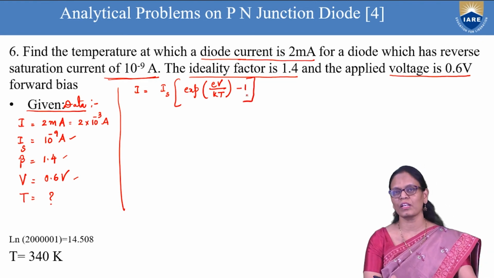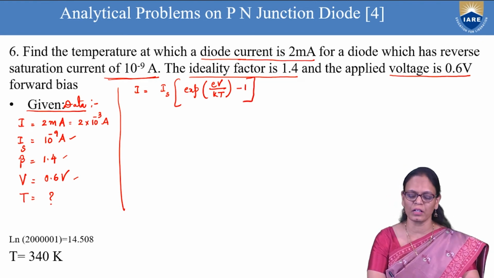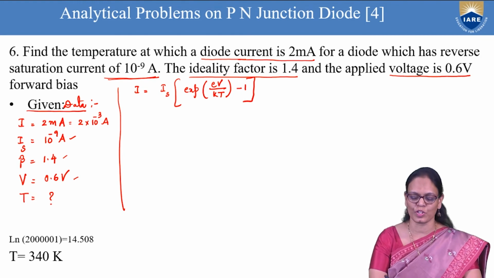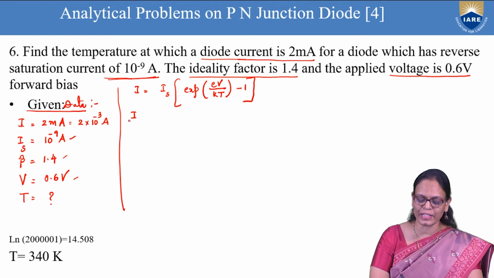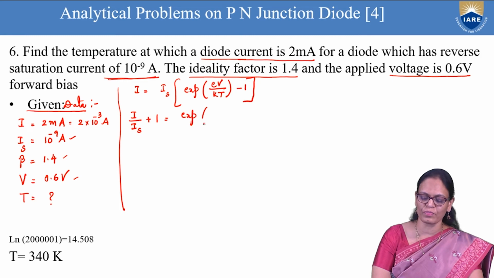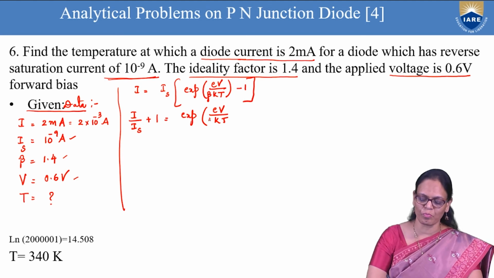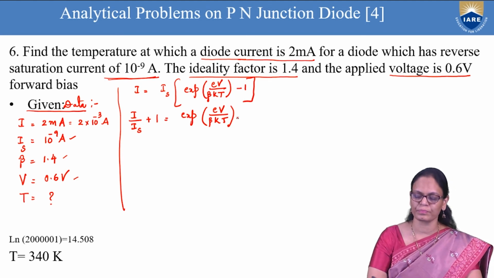The same way we did for V, here again we will write first the formula for T and then substitute. So I can simply write it as I by IS plus 1 is equal to exponential of EV by KT. Sorry, beta KT. We have the value of beta also.